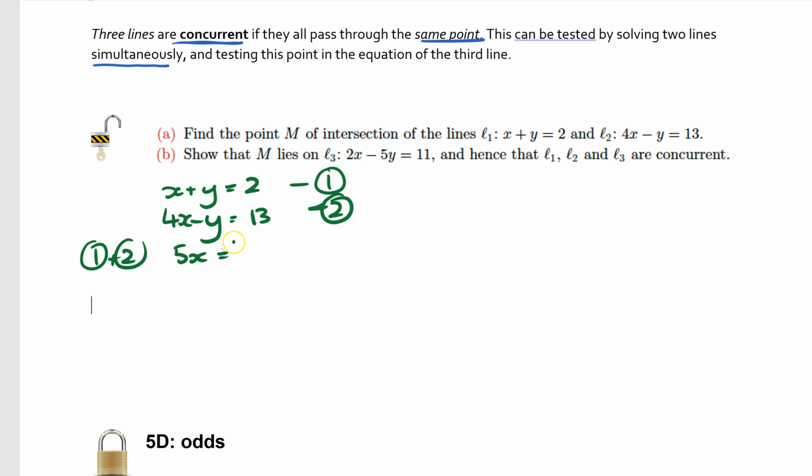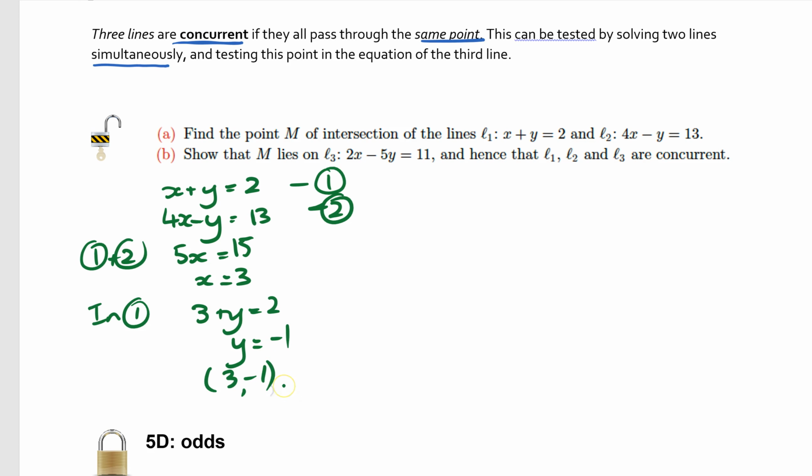The y's disappear. This will be 15. So x is 3. Take that 3 and put it into either equation, so I'll stick it into 1. So 3 plus y equals 2, y equals 2 minus 3, which is minus 1. So we know that these 2 lines cross at the point (3, -1).